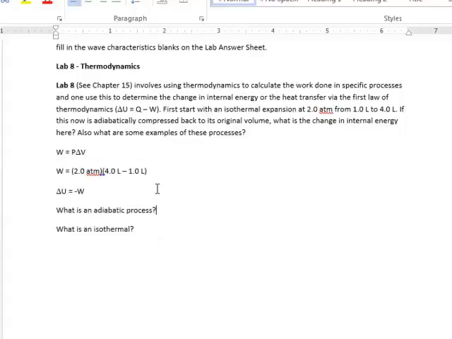Okay, remember, an adiabatic process is no change in heat. An isothermal is no change in internal energy. So what are some situations that may arise in the real world that you work with that each of these are going to come up with? So that's what you're going to have to look for.